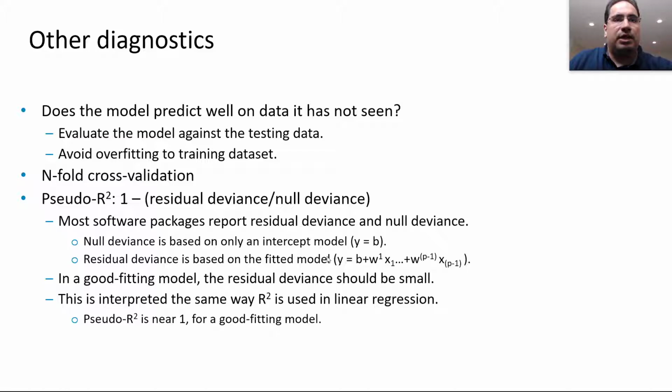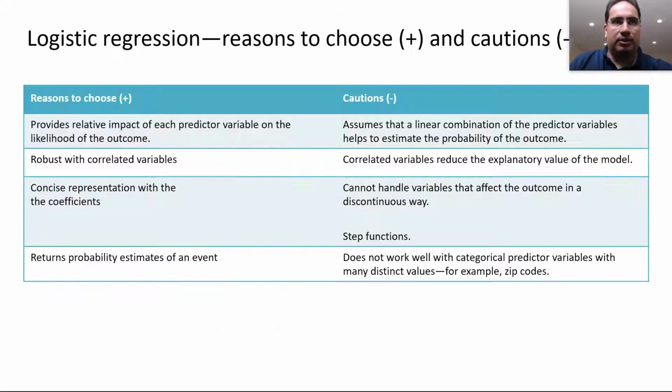It will give you a score, the pseudo R squared, that you could interpret similar to R squared. So if the pseudo R squared is near 1, it means we have a good fitting model. If it's near 0, then it's a model that may not be a good fit. So we're looking for a pseudo R squared that is near 1 to make sure that our model works well.